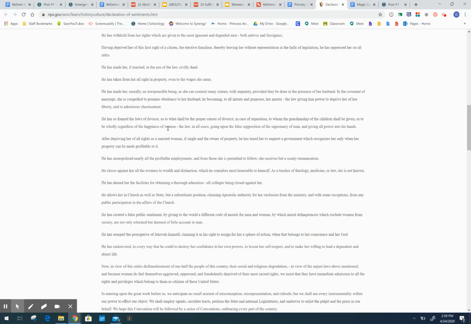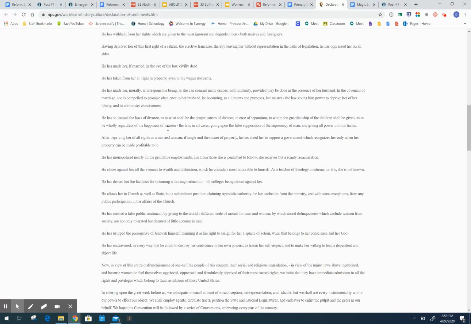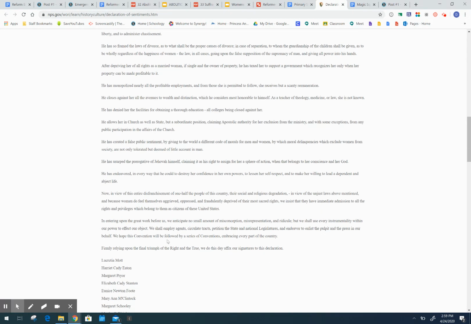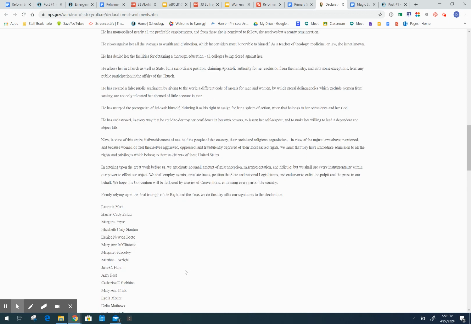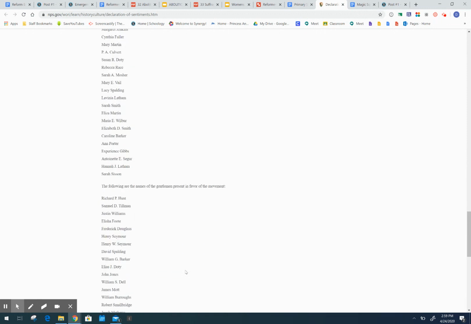And in this primary source analysis, you'll take a closer look at that and see what were the goals of these women. What did they include in the document to try to show this is what we want changed? This is what we want to make better. And then you'll notice almost 100 people signed that document, both men and women who were at that convention.